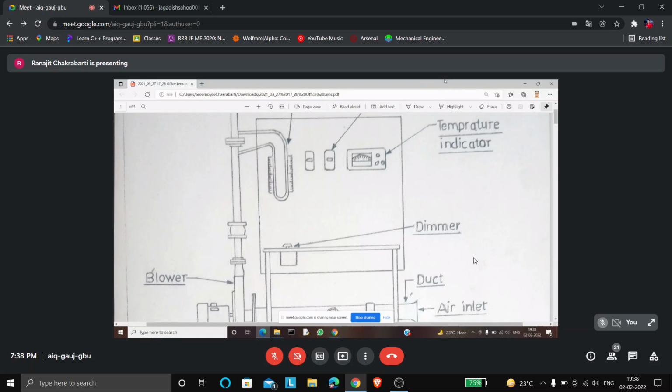Thermocouple is a measuring instrument for temperature. Its theory is that there are two junctions between two conducting wires.